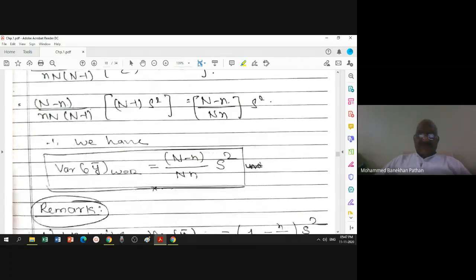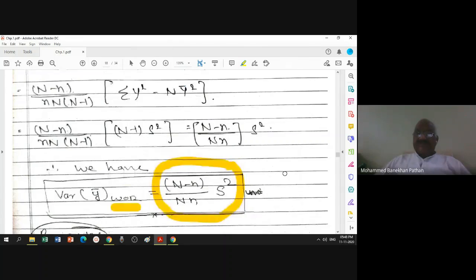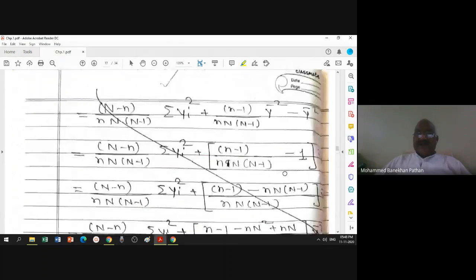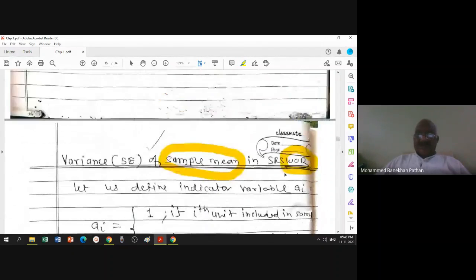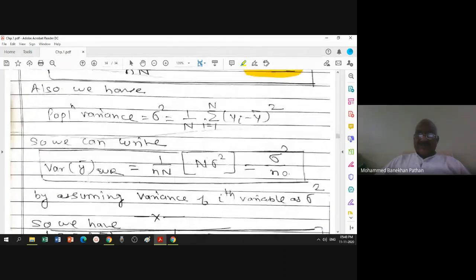derivation: variance of y bar under without replacement is (N minus n) divided by N n, into S square. Keep in mind this expression under without replacement and see what is the variance of y bar under with replacement. Very small change, that change is here.